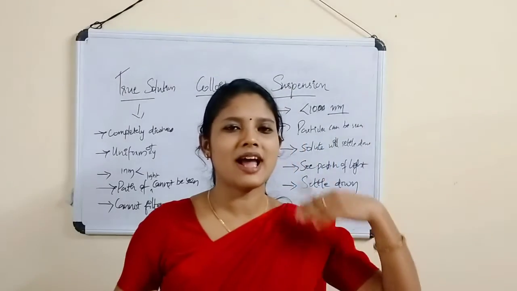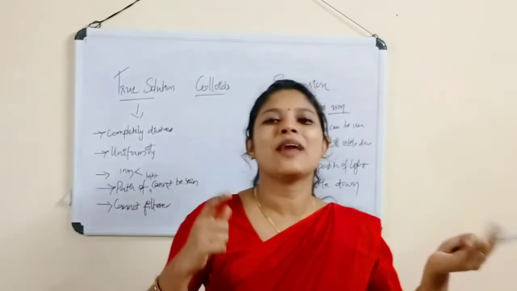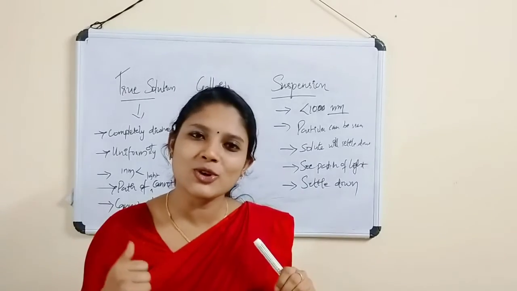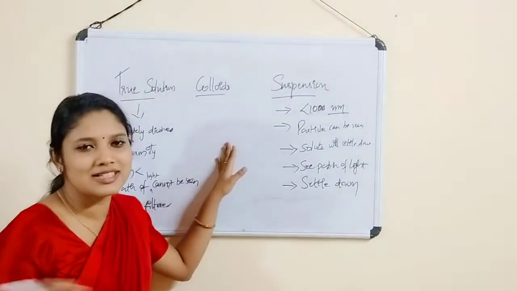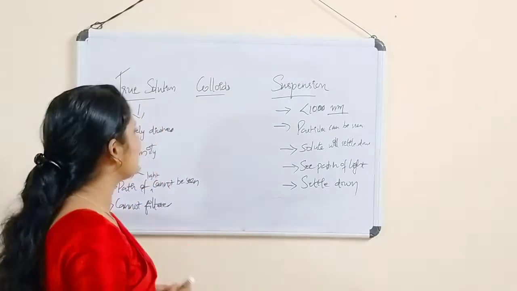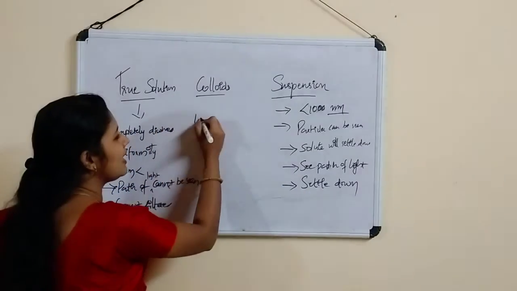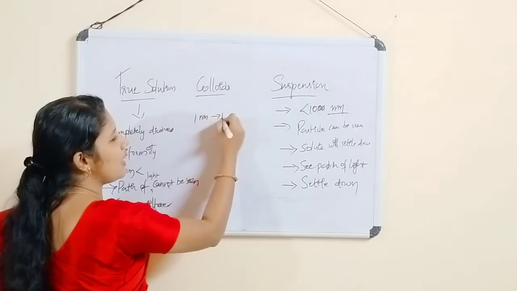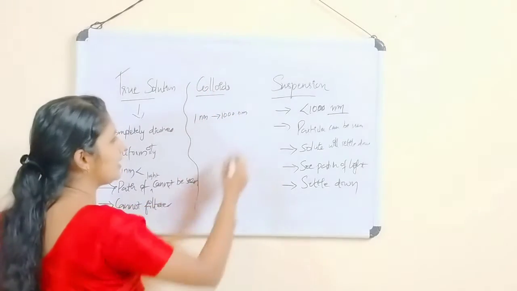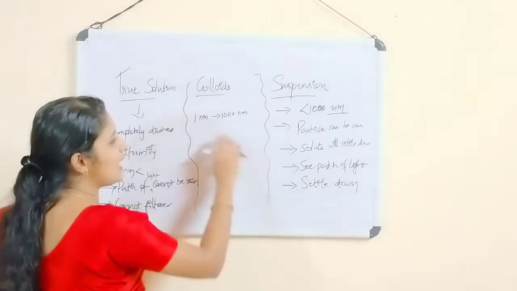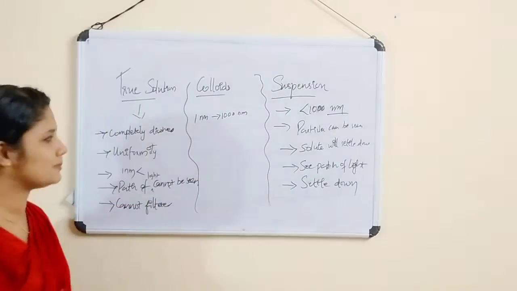Now, by studying suspension and the true solution, the study of colloids will be easy. The size of a colloid is between 1 nanometer and 1000 nanometer.